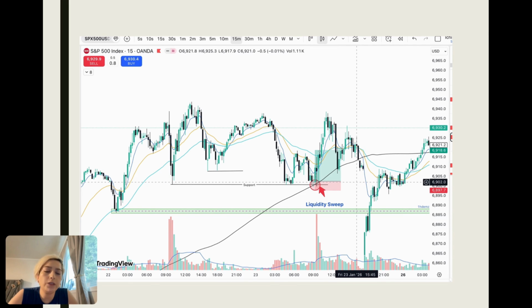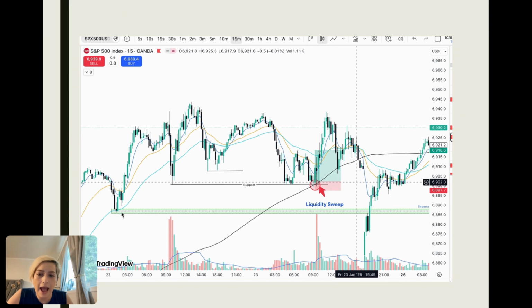This is called stop loss liquidity, and it's what smart money uses to enter or exit large positions. They often push price into these areas to trigger stops and then reverse the market.